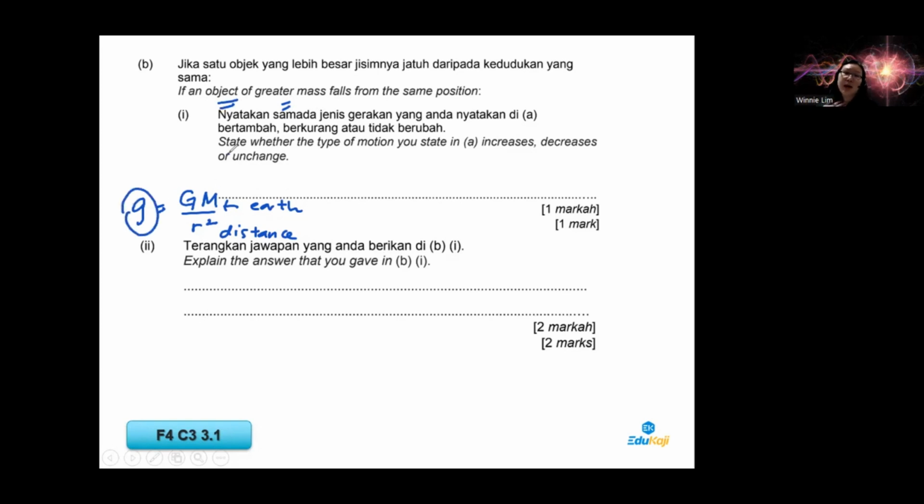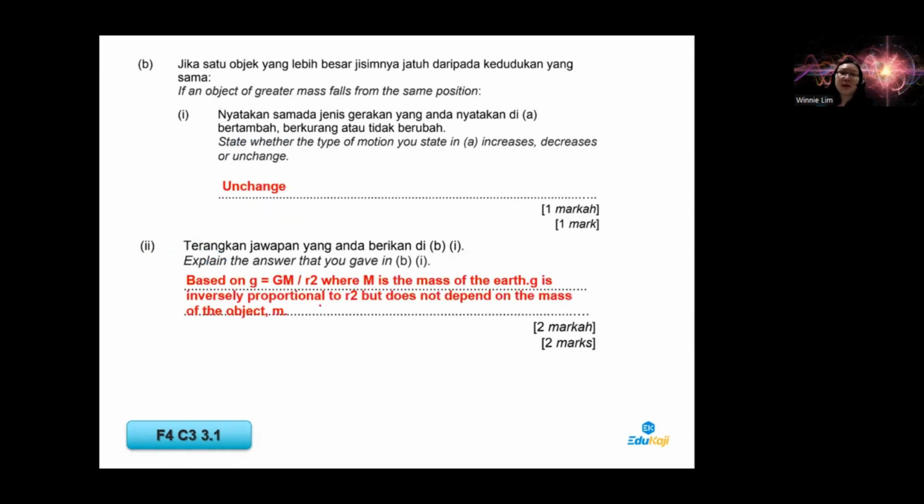So that's why your answer is unchanged. Like I mentioned just now, you can show this equation, and then explain what G refers to, what M refers to, what R refers to. Then you can just say it does not depend on the mass. Then you will get 2 marks already.